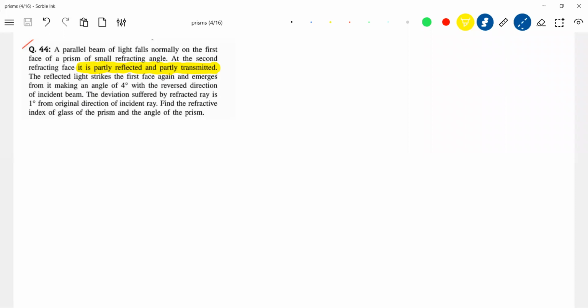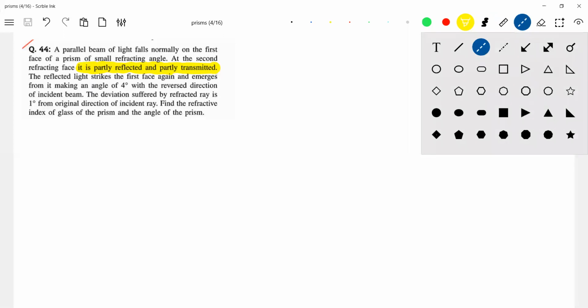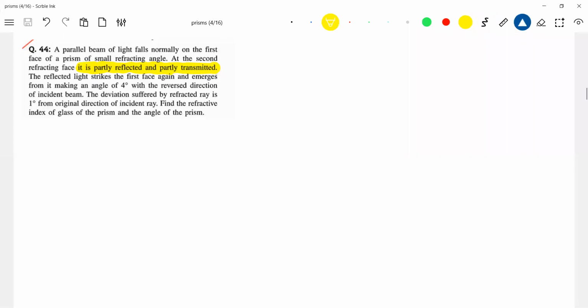Okay, now get into the question. Get that basic diagram. Draw the prism. First, you draw the triangle. If you can draw the triangle, you can do something.